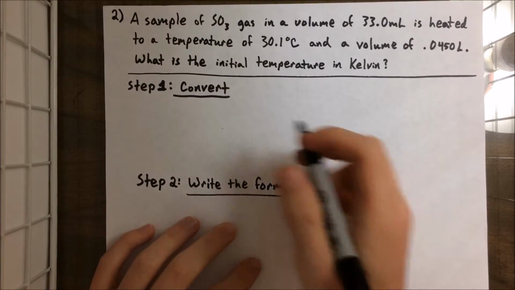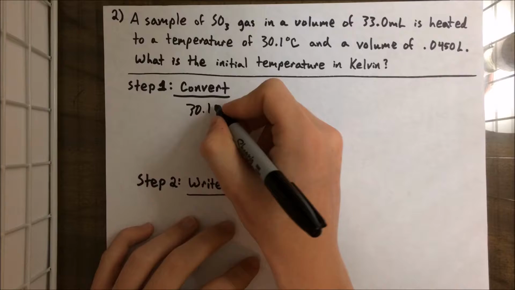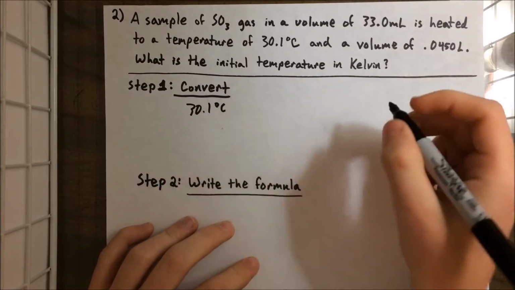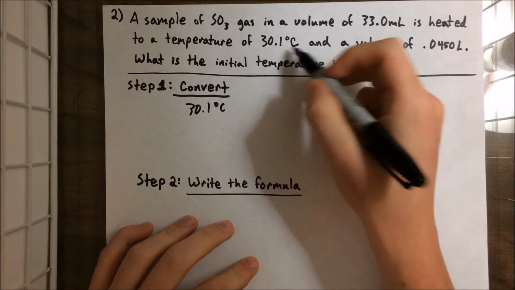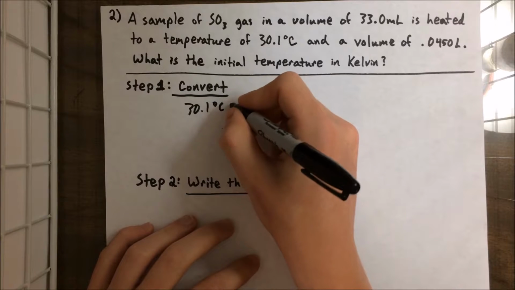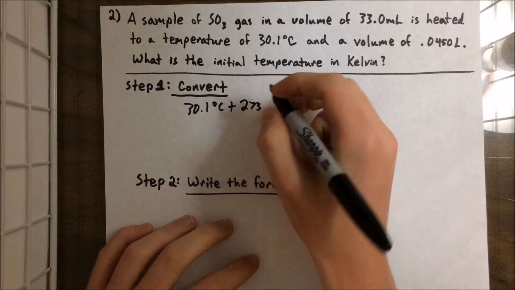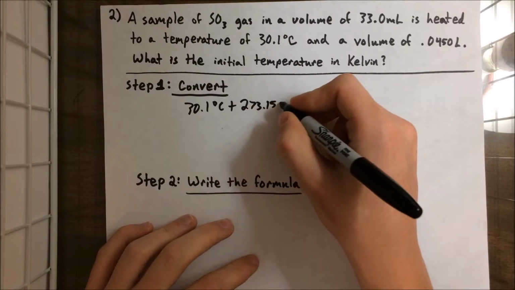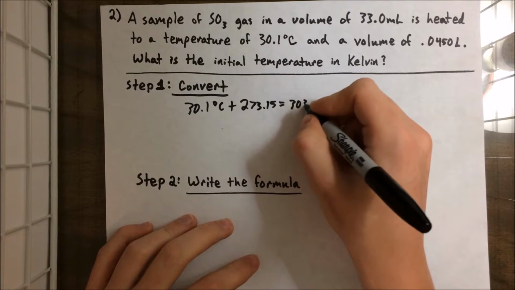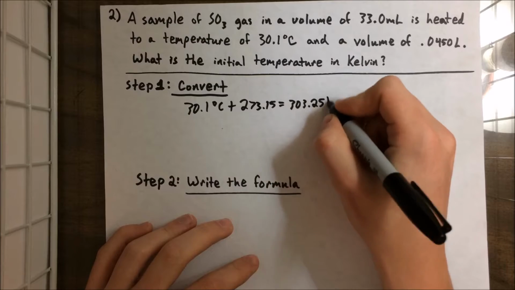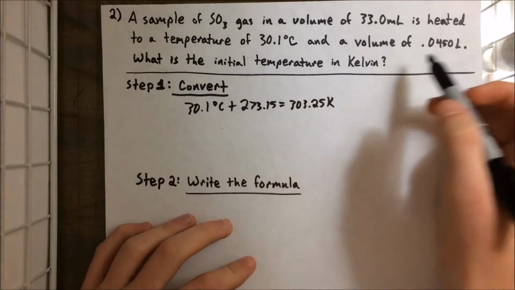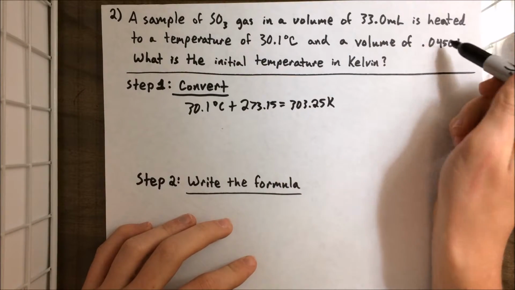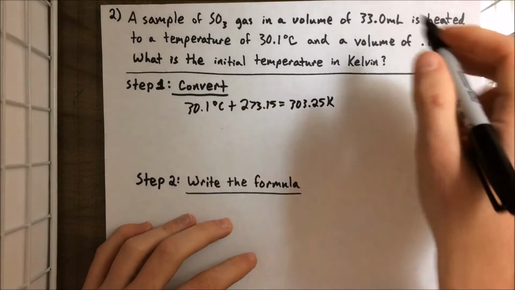Step 1 is to convert. We need to convert our final temperature, which was in degrees Celsius, to Kelvin. So 30.1 degrees Celsius plus 273.15 equals 303.25 Kelvin. And then we also need to convert our liters into milliliters.